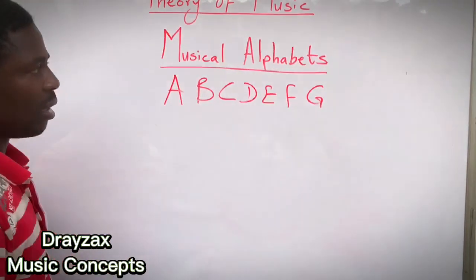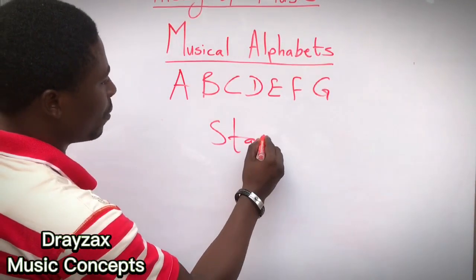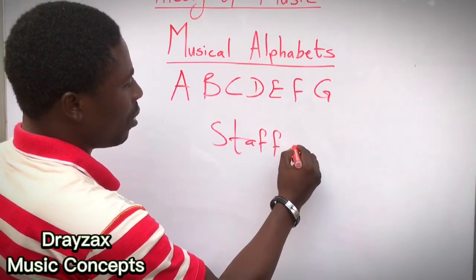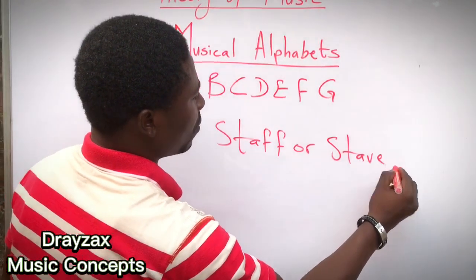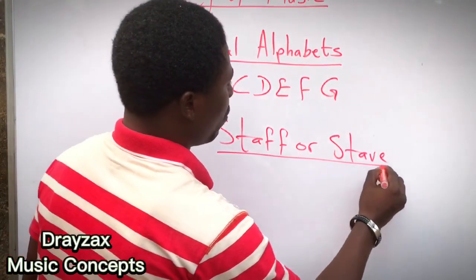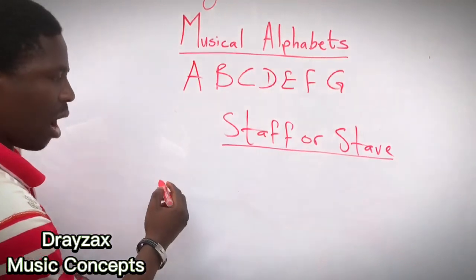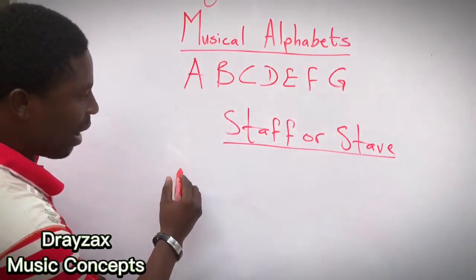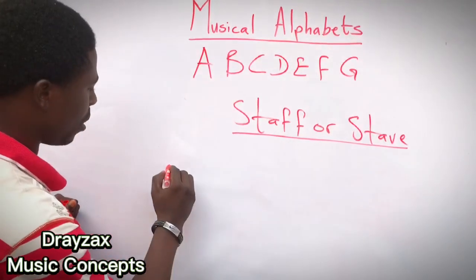The next thing you have to know is called the staff, or stave. What is a staff? A staff is 5 lines and 4 equal spaces on which musical notes are written.